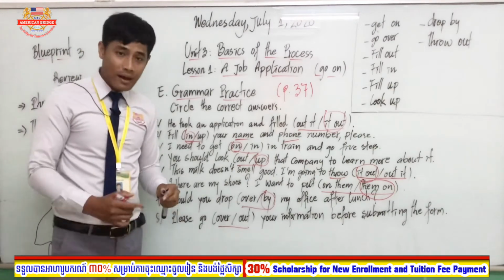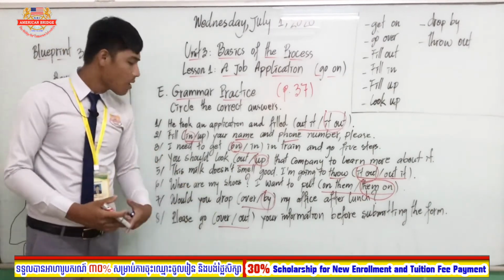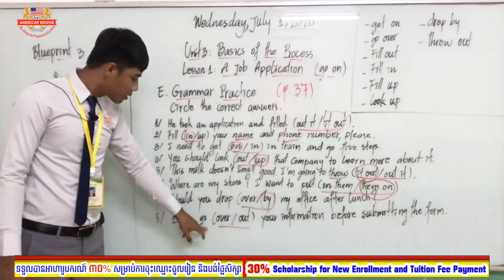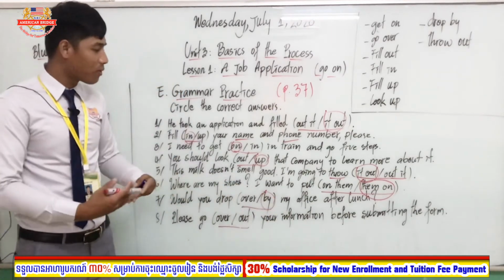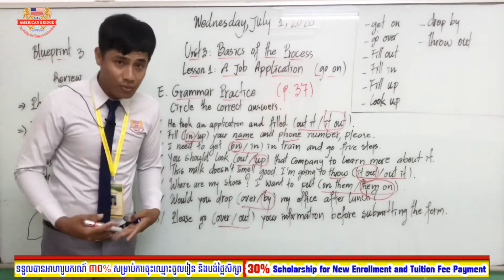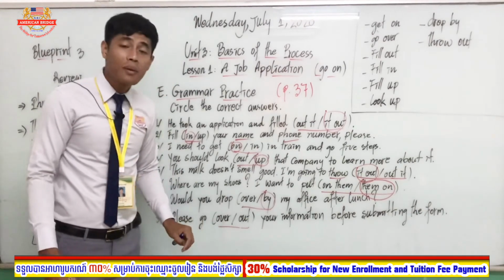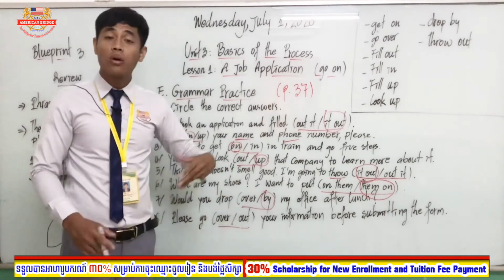The last one, everyone: tell me which one, go over or go out. Please go over your information before submitting the form. Go over means to review, and go out means to go away.